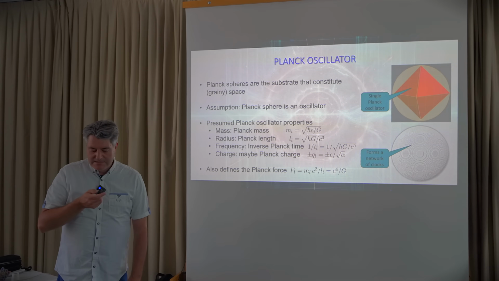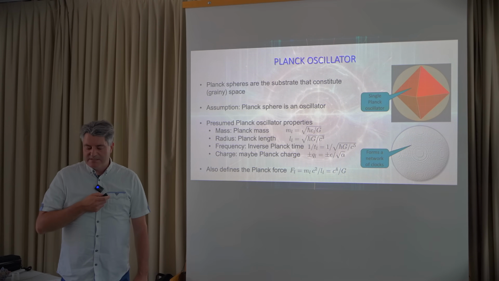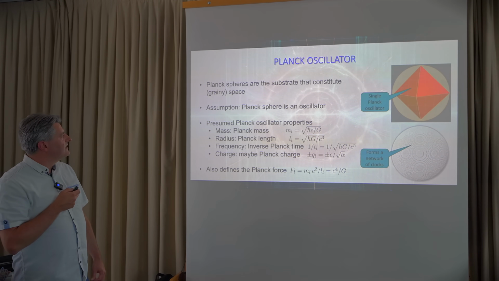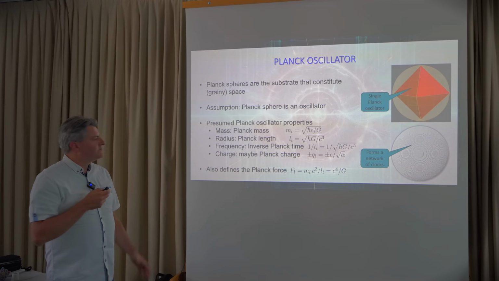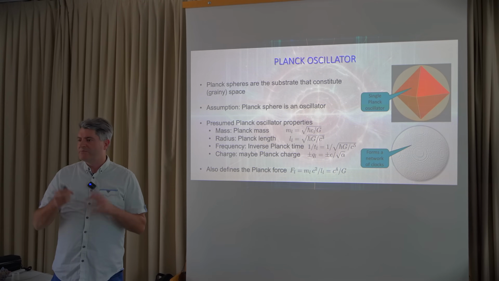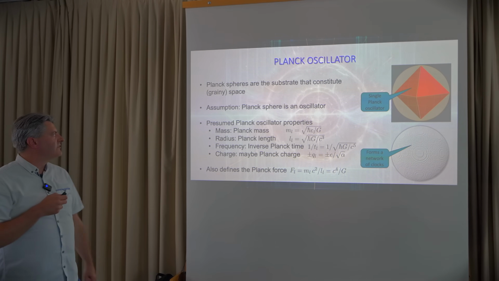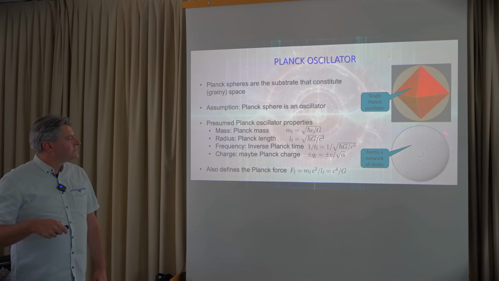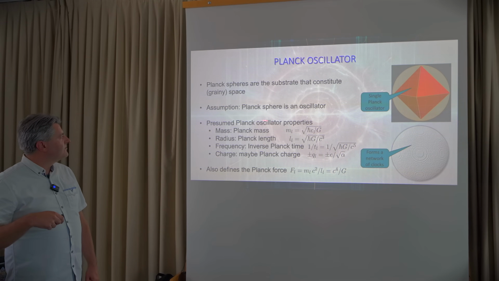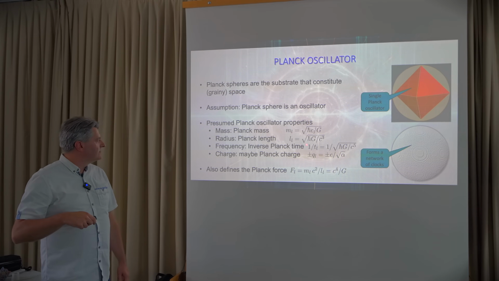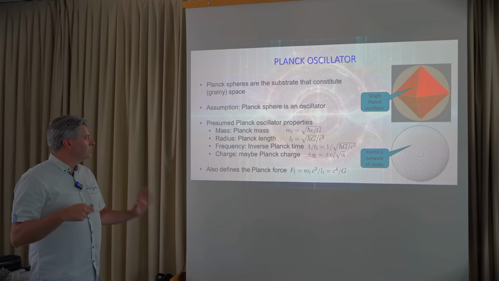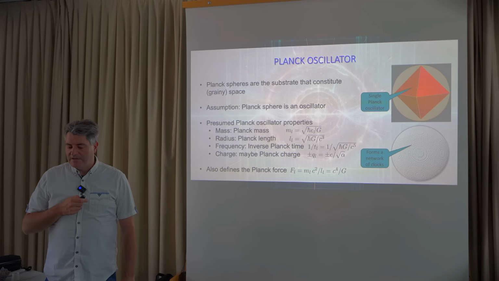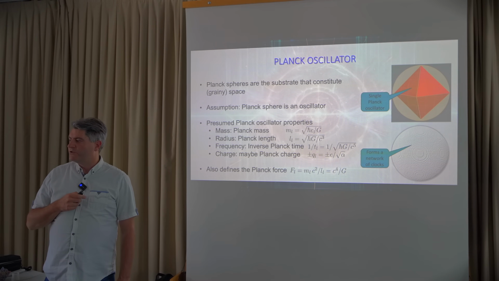Okay, then the next step is, since the Planck spheres are so small, I think it makes sense that they might be the substrate of space, the quantum dots of space, or however you want to call them. And that they also have a frequency, which I presume is the inverse Planck time, and that they form a distributed network of clocks in the universe.